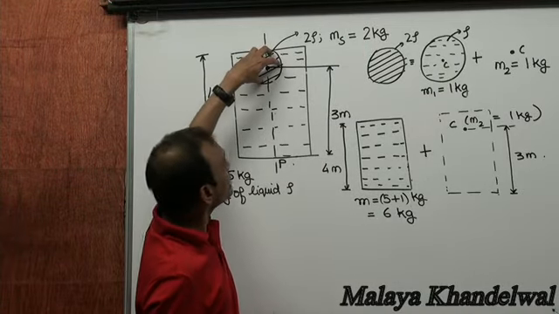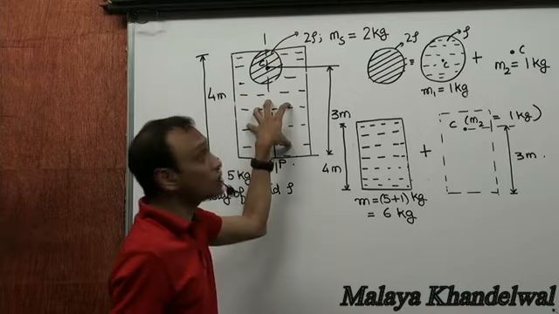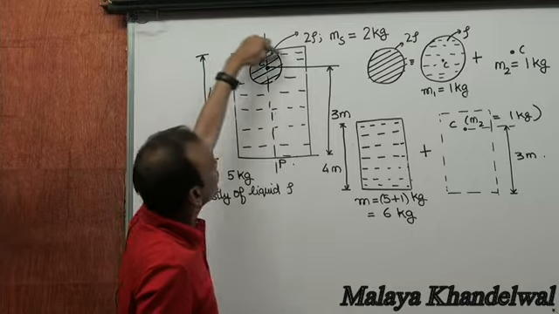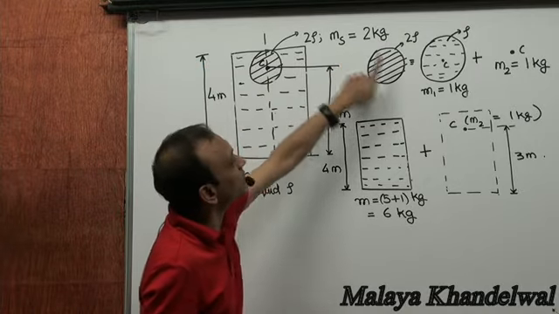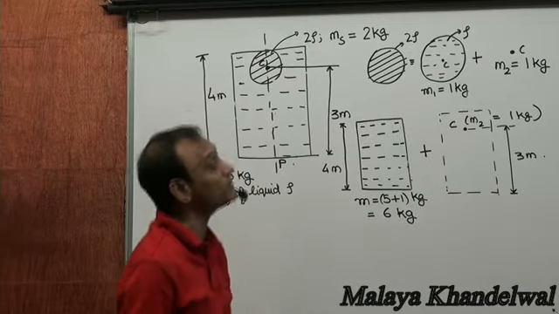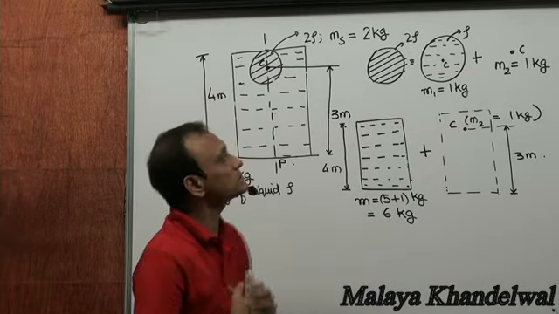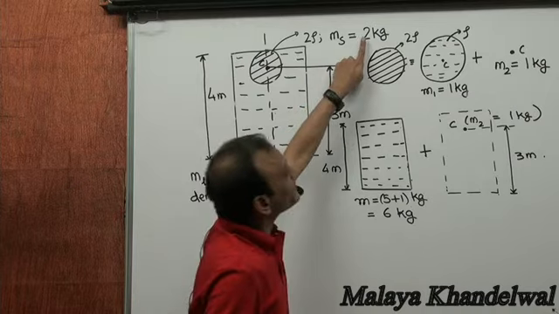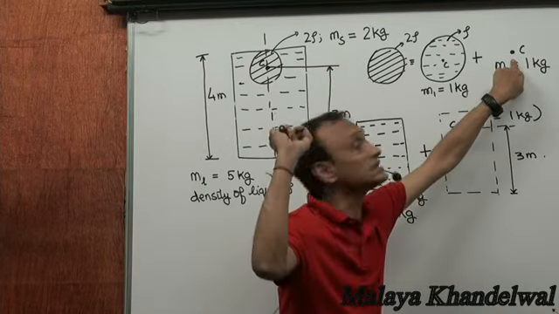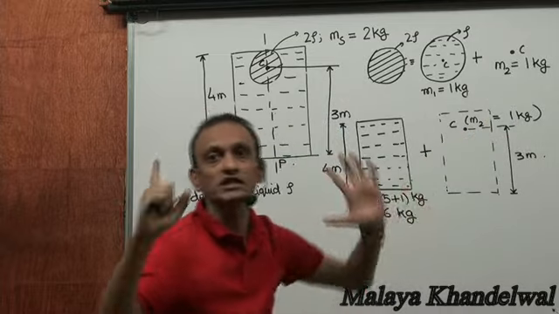If I had imagined this to be density rho, synonymous with the density of the liquid, then the mass of this volume would have been half the mass of the sphere. That means it would have been 1 kilogram, the mass of the sphere, plus another 1 kg placed at the center of the sphere.